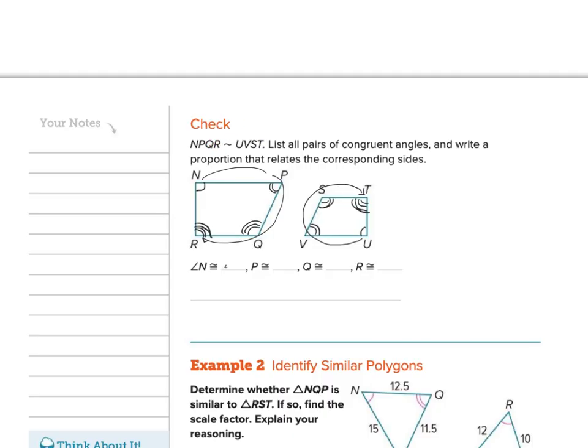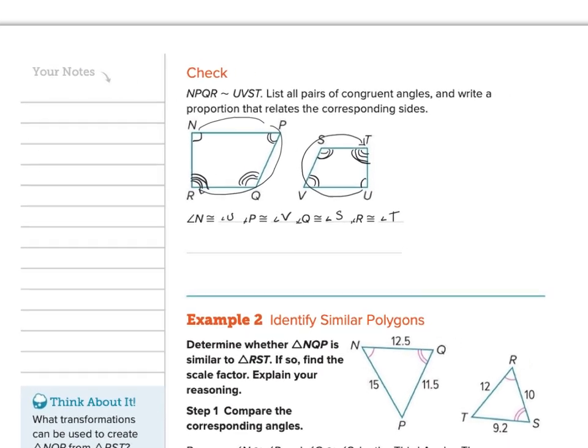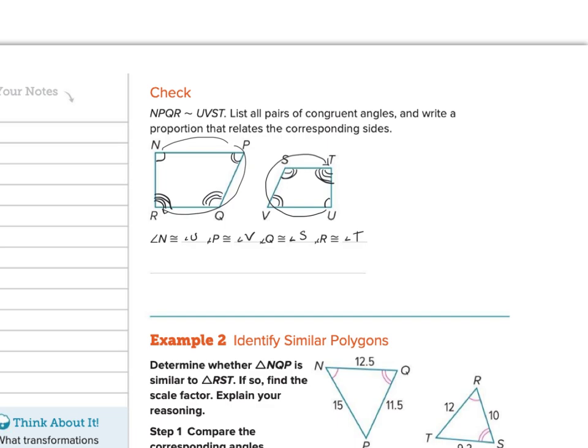So again, angle U, angle V, angle S, angle T. I don't know where my angle measurement went. There we go, for some reason it disappeared. So there you go, that's how we would look at that.